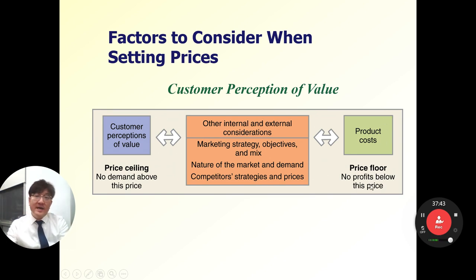So the value the customers perceive works as the price ceiling, and your cost works as the price floor. Your price is going to be decided in between these two points, considering other factors such as your marketing strategy, competition, the nature of the market and demand, and so on.